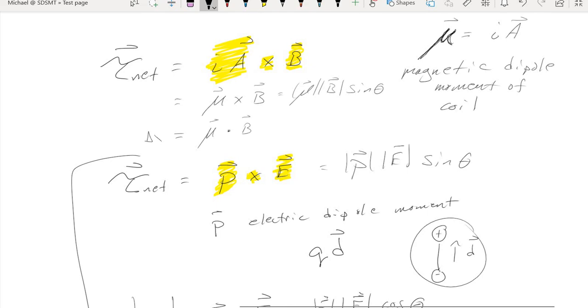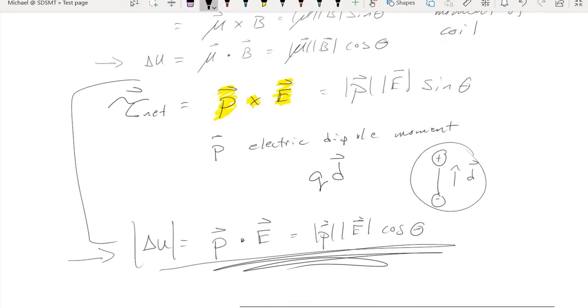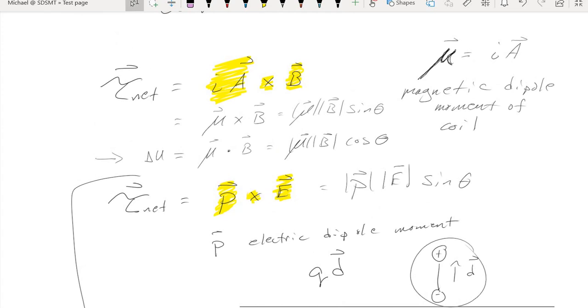So we will be able to describe the change in potential energy for the system by using the dot product. And this saves us about 30 minutes or more having to go back and essentially redoing the same derivation that we did for the electric case. Now there is one final amendment that we need before we can call this good.